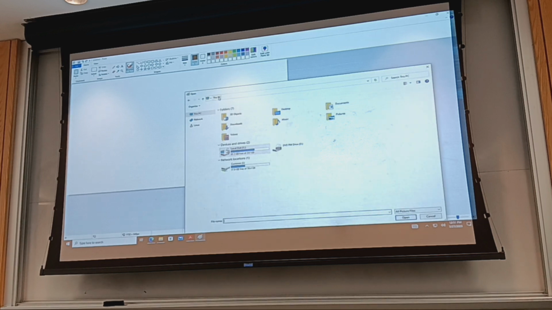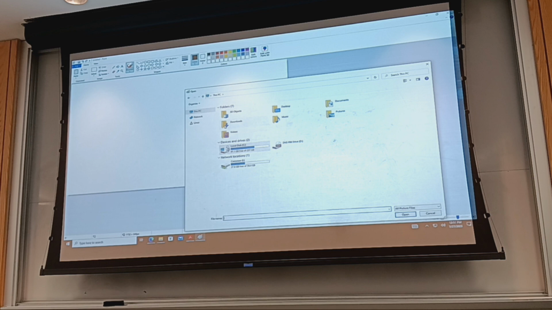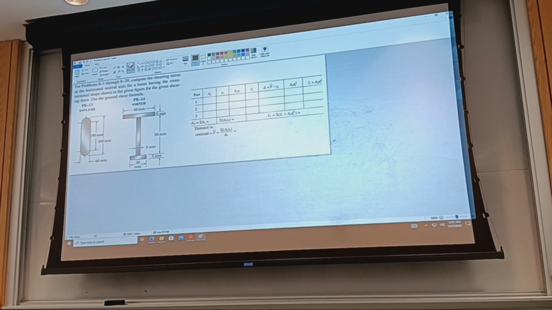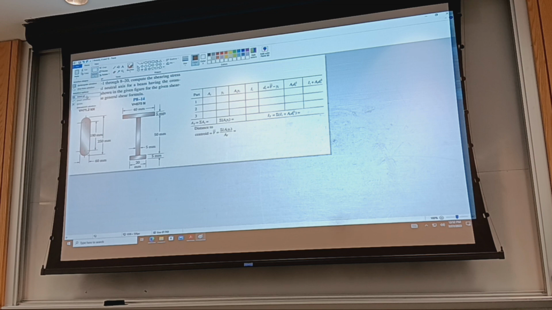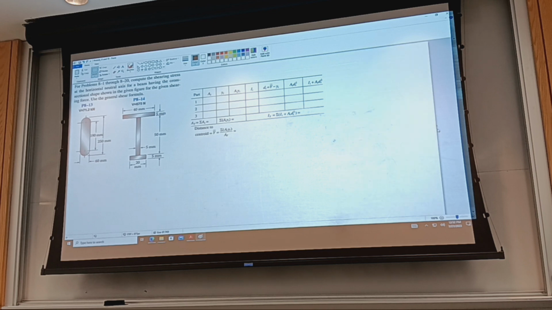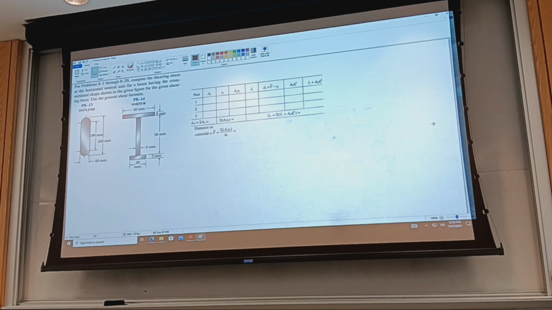Got it. Select all, crop, and I'm going to maximize it.